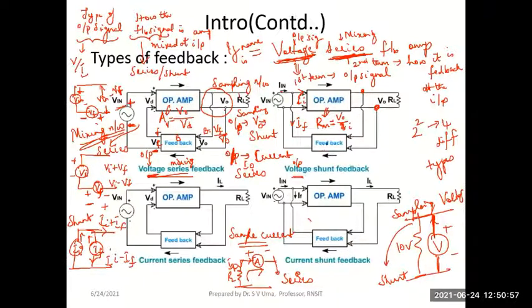Okay. And coming to this feedback circuit, the feedback circuit has a feedback factor beta. You see, the input to the feedback network is a voltage. Why is the input to the feedback network a voltage? Because the output voltage is sampled with a shunt connection.